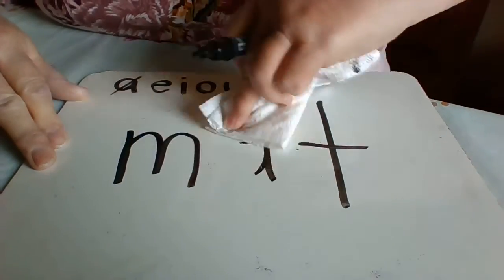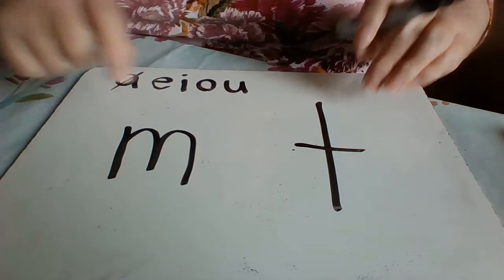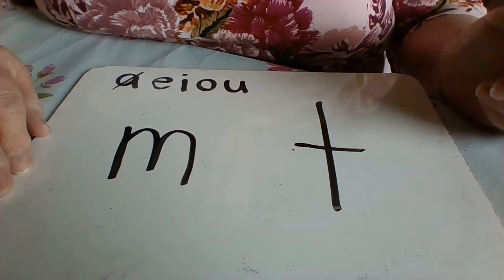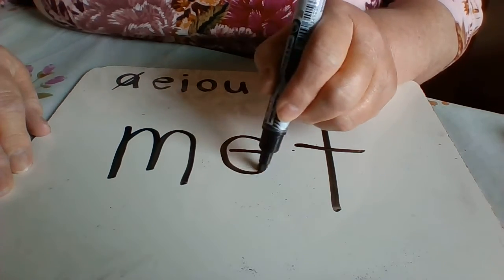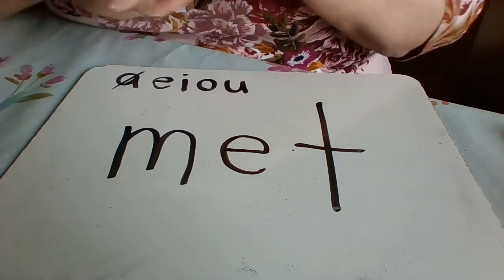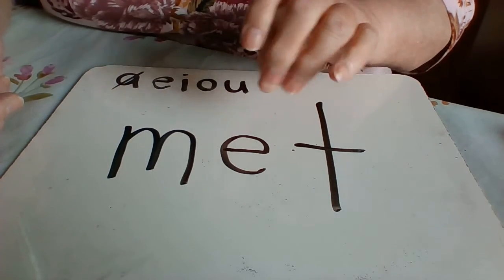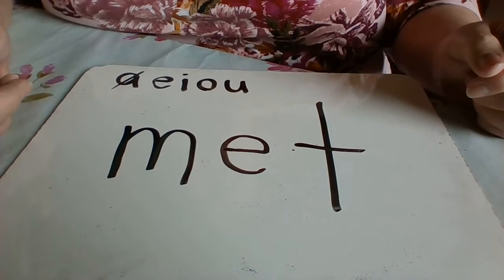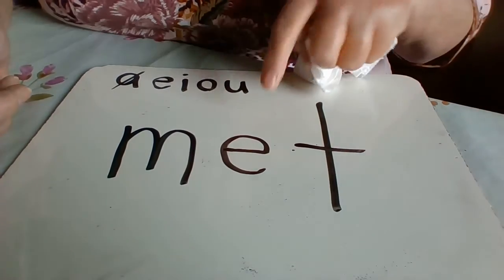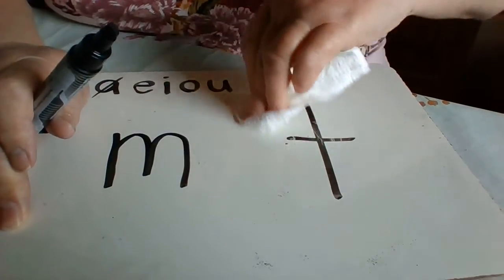Now, I can use the same first and last letters and put a different vowel. Let's try the E. Ready? Et, et, met. Met, a completely different word, just changing the middle sound.